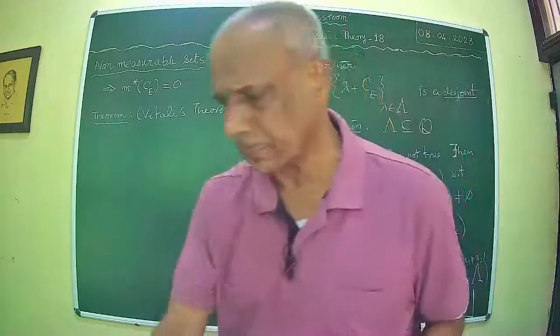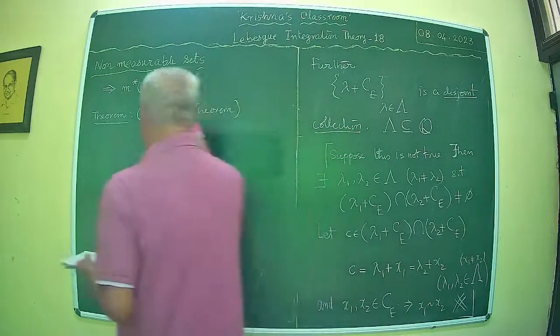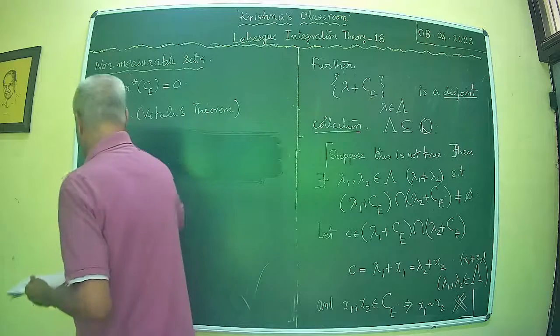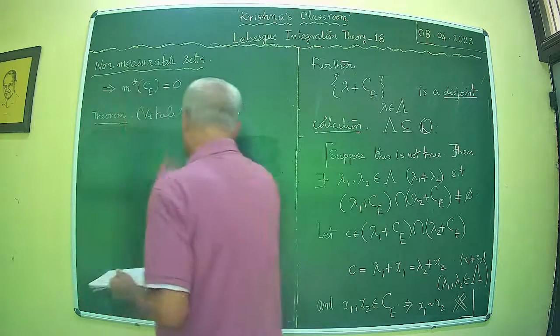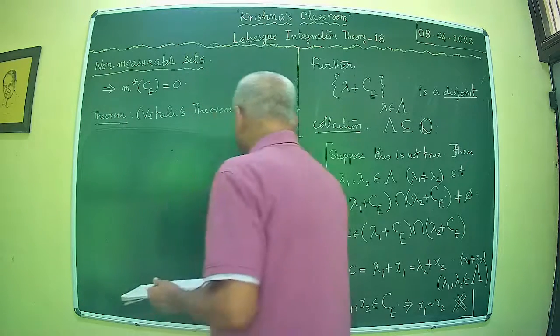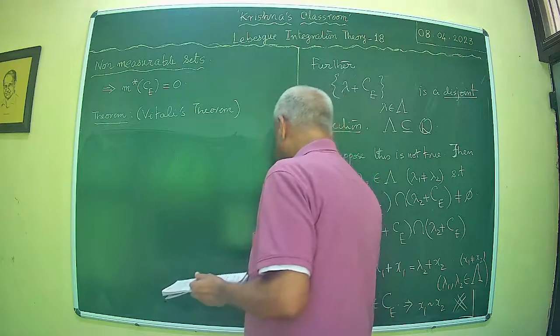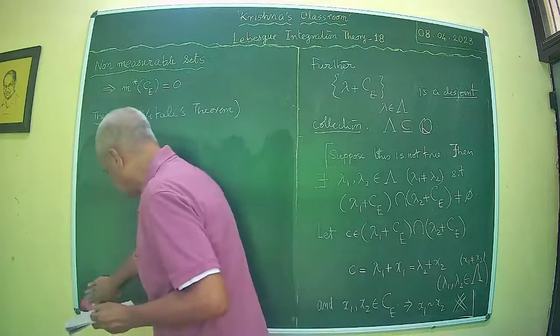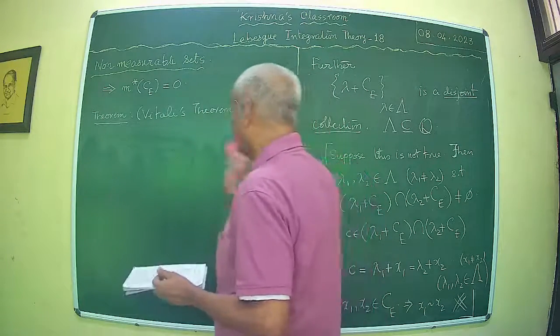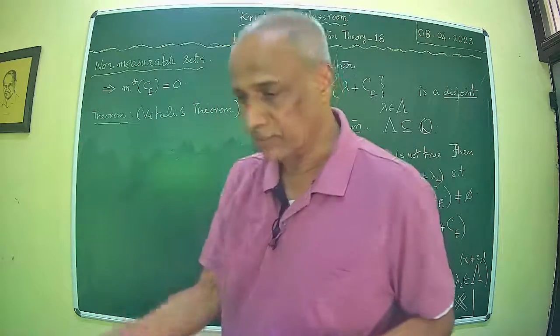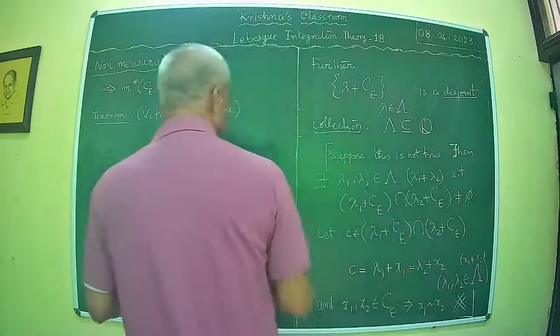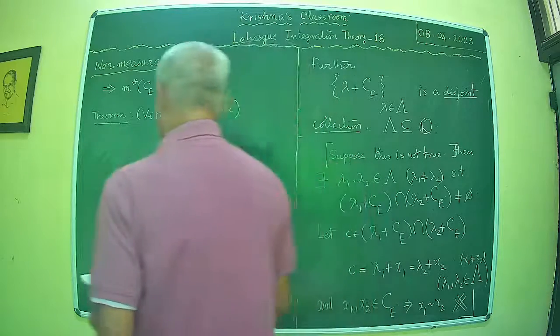In fact, it is a very constructive proof. It's not something where you prove the existence by contradiction or something like that. But you see, actually we have constructed C and we show that C is not measurable.